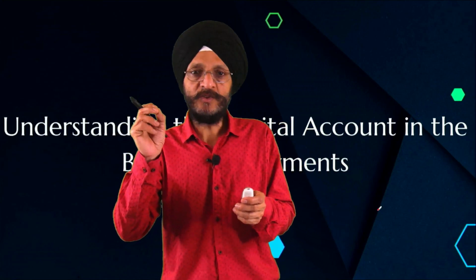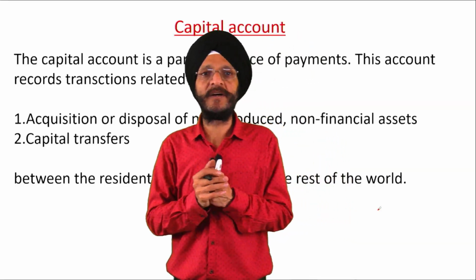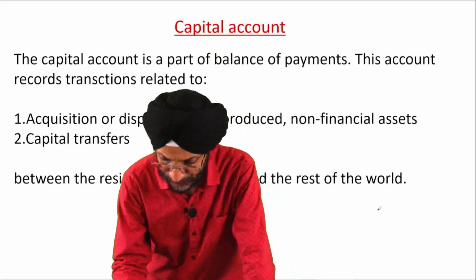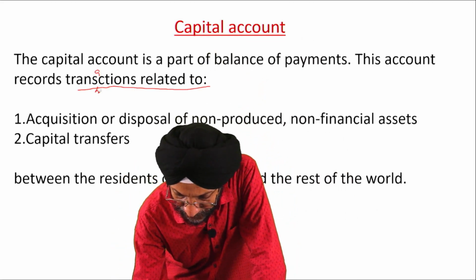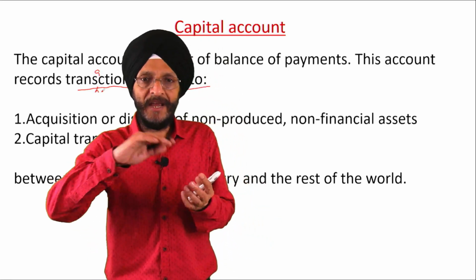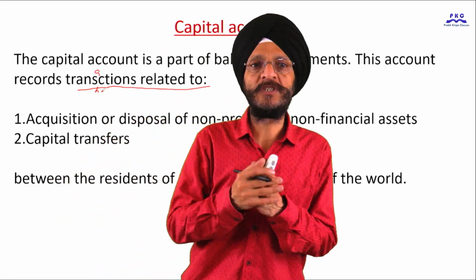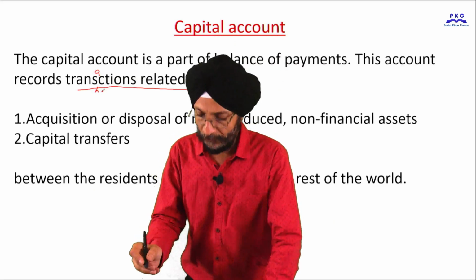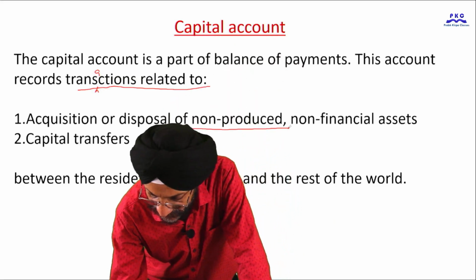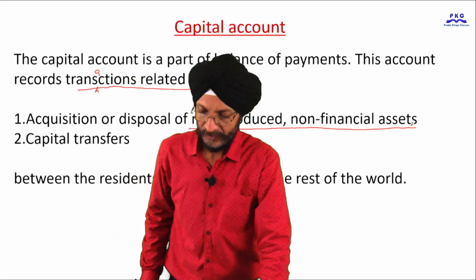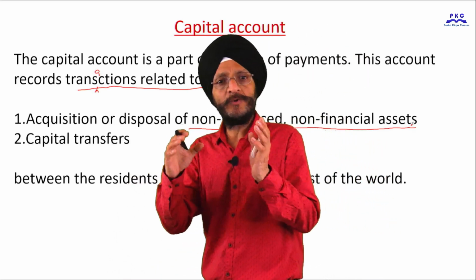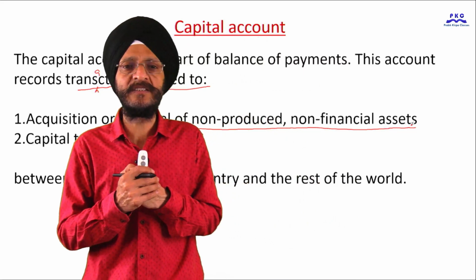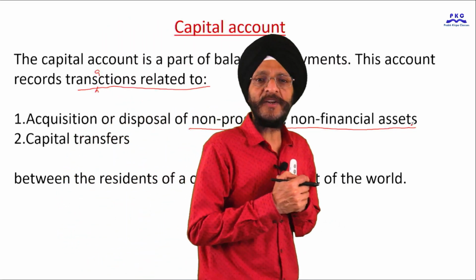Here, in the case of capital account, we record the transactions which are related to acquisition and disposal of non-produced and non-financial assets. What is the meaning of non-produced non-financial assets? Non-produced non-financial assets are those assets which are not produced.